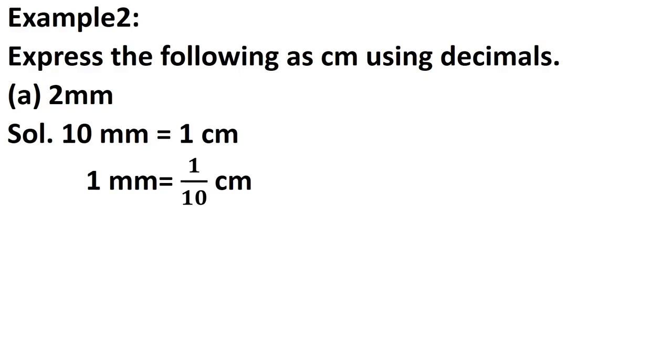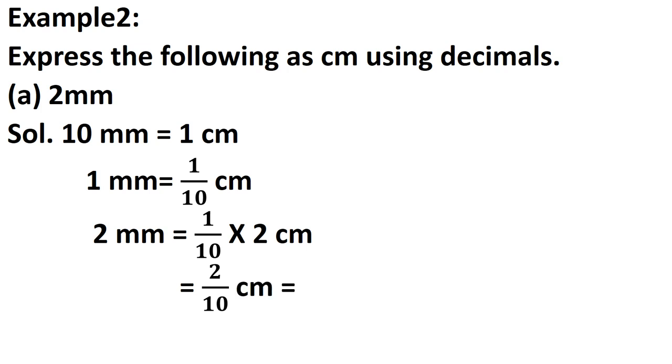In the unitary method, first of all, when we are finding the value of 1, we divide, and when we have to find the value of more than 1, then we multiply. So 2 millimeter equal to 1 upon 10 multiplied by 2 centimeter, which is equal to 2 upon 10 centimeter. Apply decimal now: 0.2 centimeter.